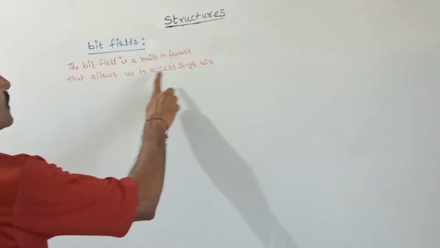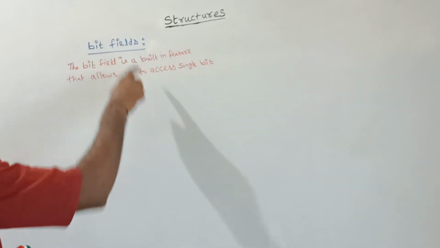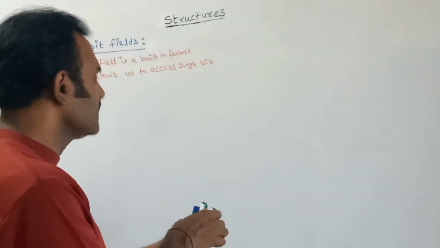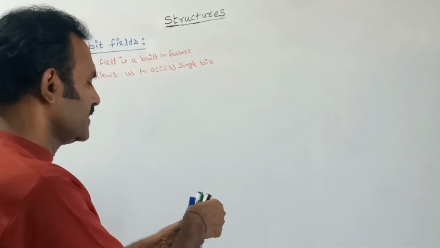It allows us to access a single bit. For example, normally if you create a structure, you already know this.